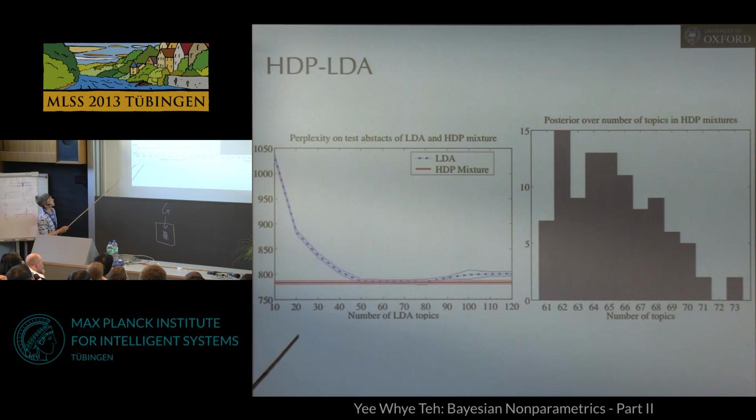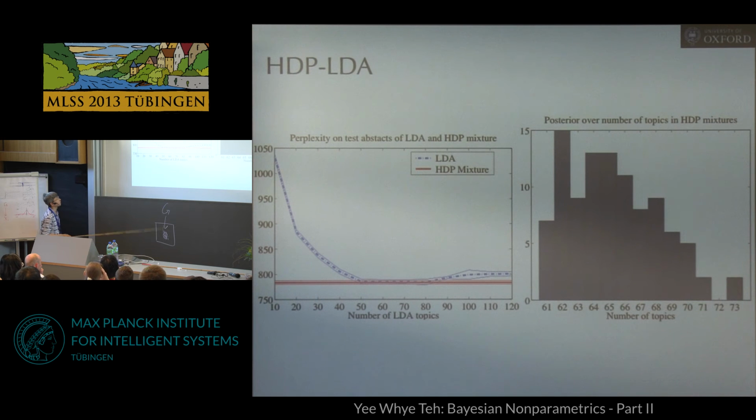So I guess this is the first slide with some experimental results. In this slide, we'd like to compare the HDP, the hierarchical Dirichlet process mixture model, this Bayesian nonparametric approach to topic modeling, against LDA, which is a parametric modeling approach, where we also want to infer the number of topics.